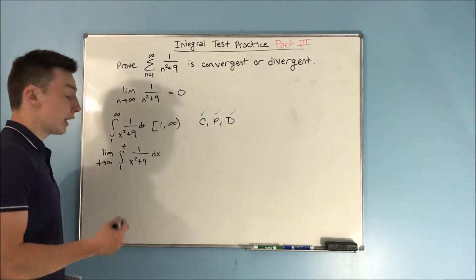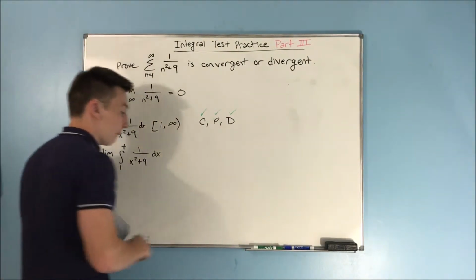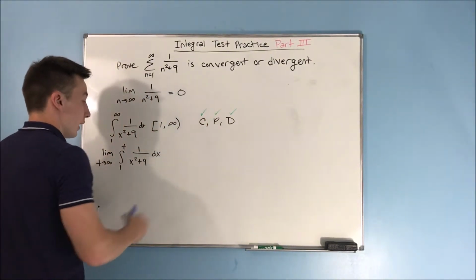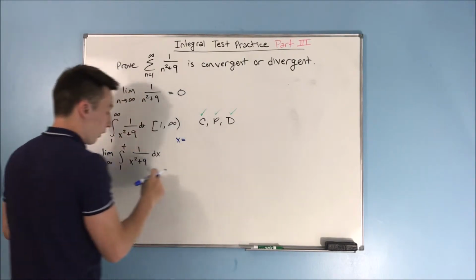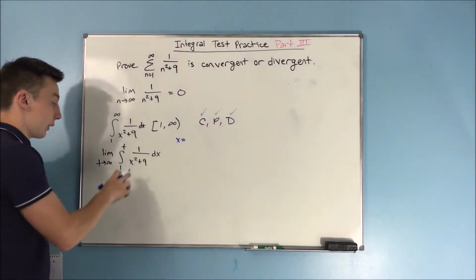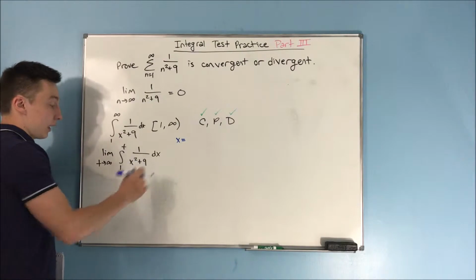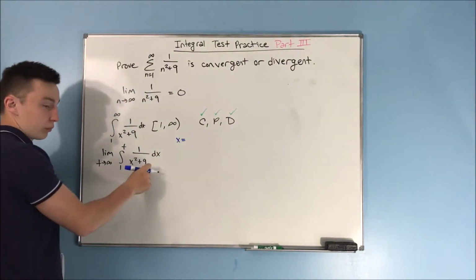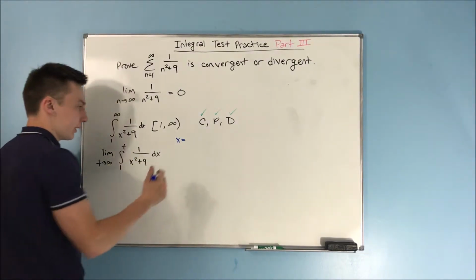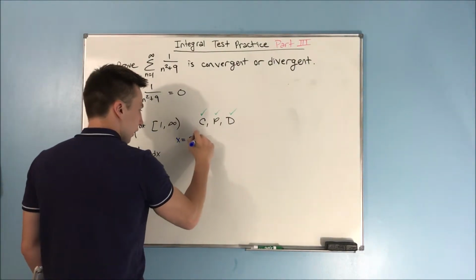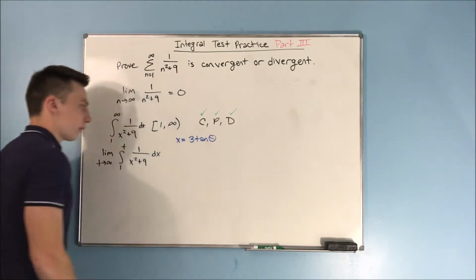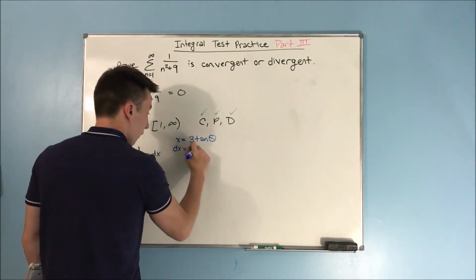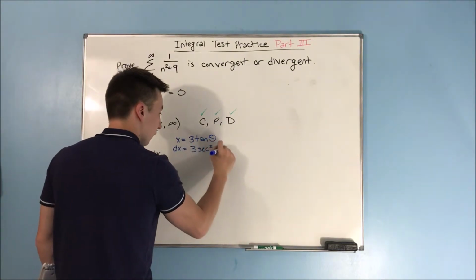So this is an inverse trig substitution, a tangent case, because we have x squared plus a number. We let x equal 3 tangent theta, and that means dx equals 3 secant squared theta d theta.